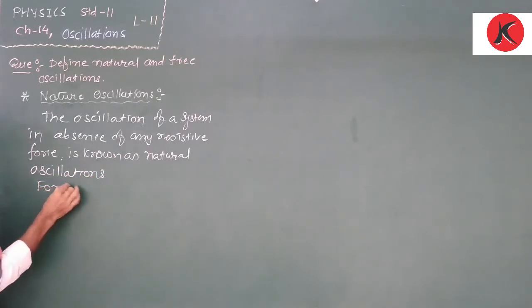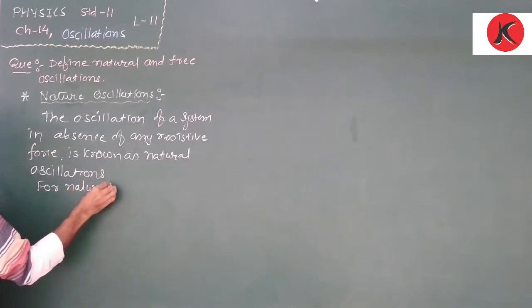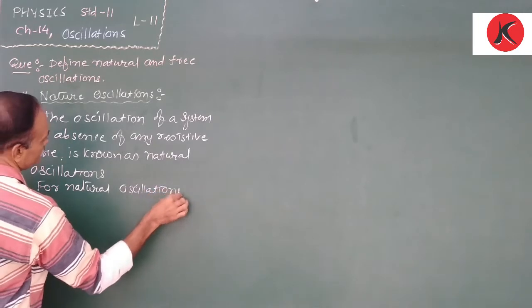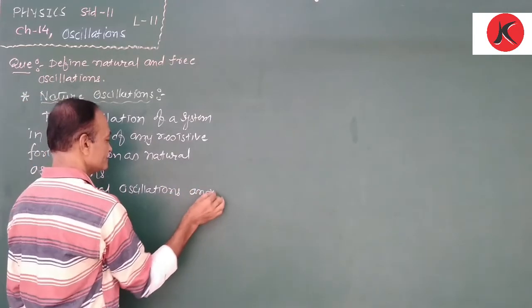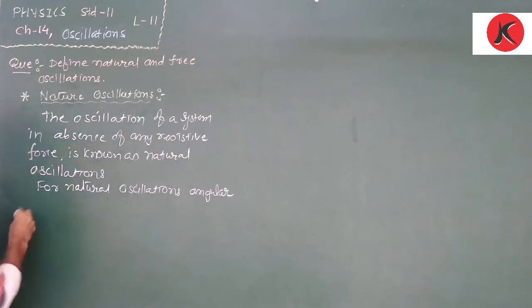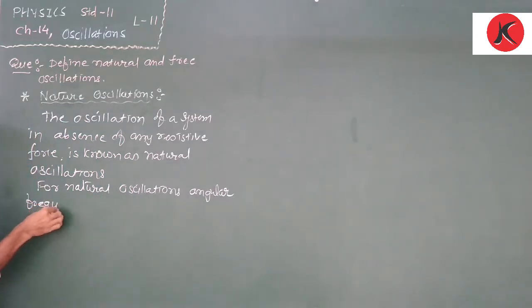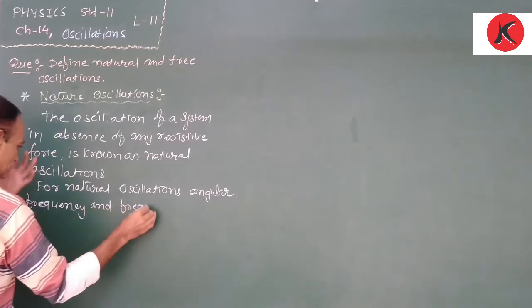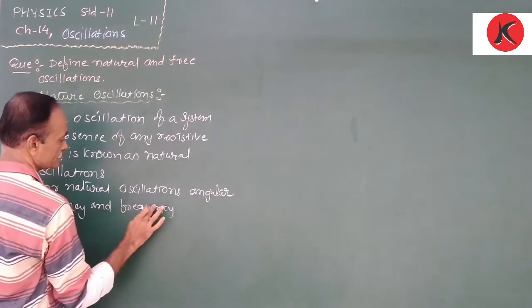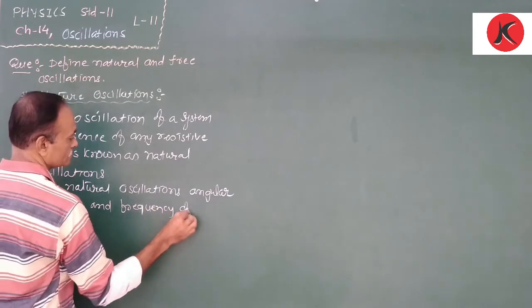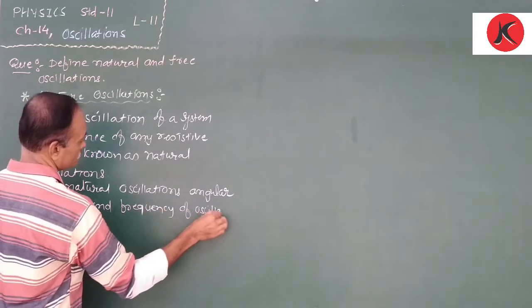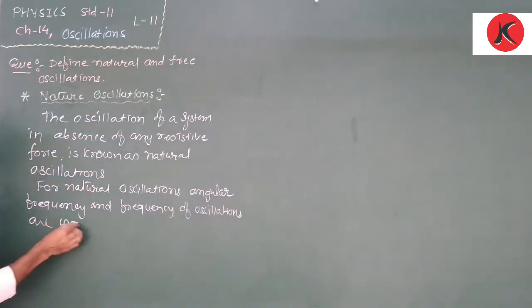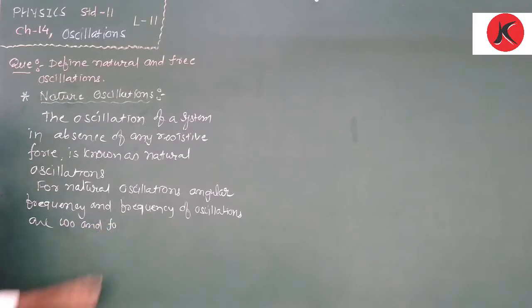For natural oscillation, the angular frequency and frequency of oscillation are omega 0 and f 0.